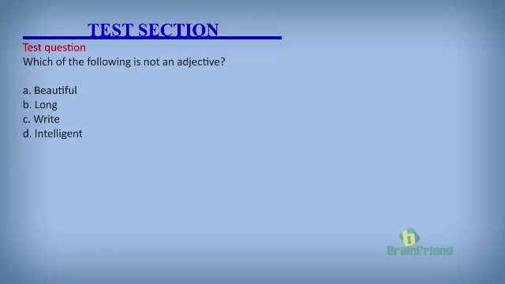No, it can't. Instead, right is a verb. It is an action, to write. And D, intelligent, is that an adjective? Yes, it is. It can describe a noun. The correct answer is C. Right is a verb, not an adjective.